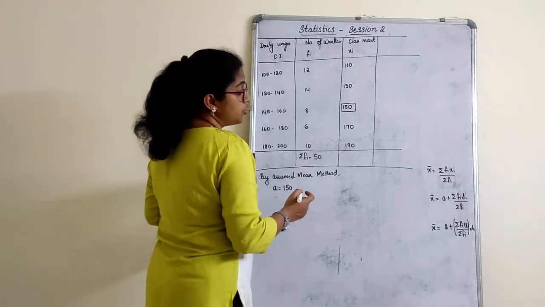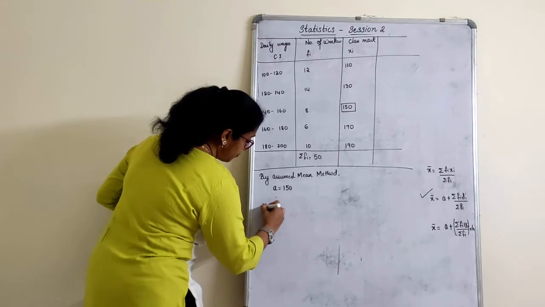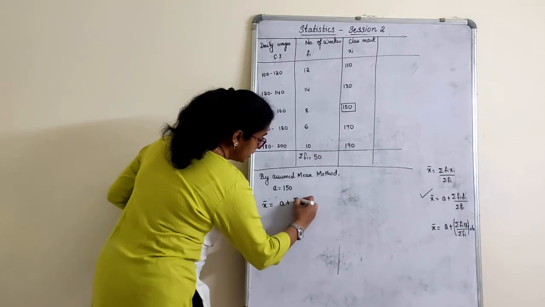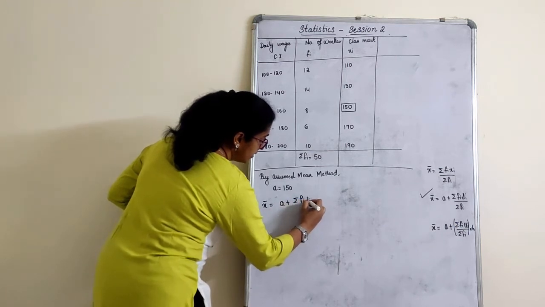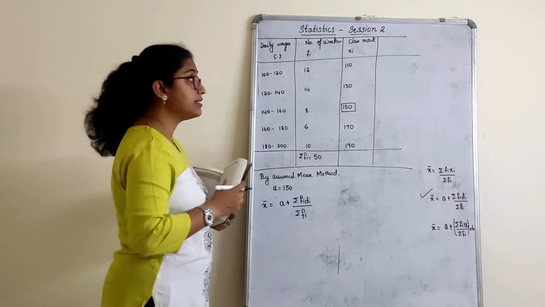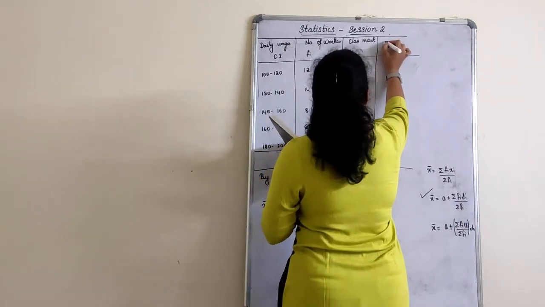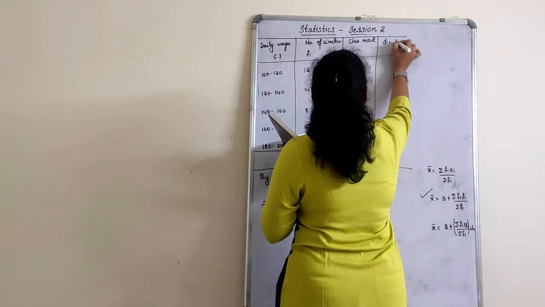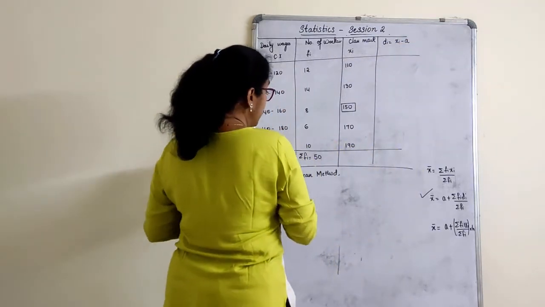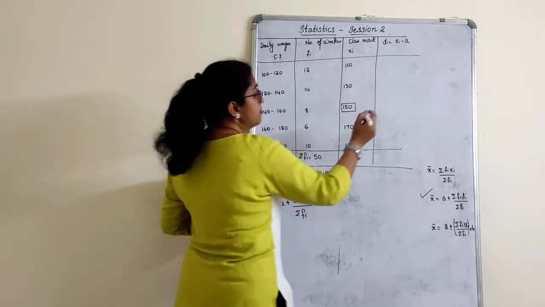Now, which formula do I want to use? I want to use the assumed mean method. Formula: mean is equal to A plus sigma Fi di upon sigma Fi. Now, what is di? How do you calculate di? Di is nothing but xi minus A. Each di is xi minus A. What is my next column after that?